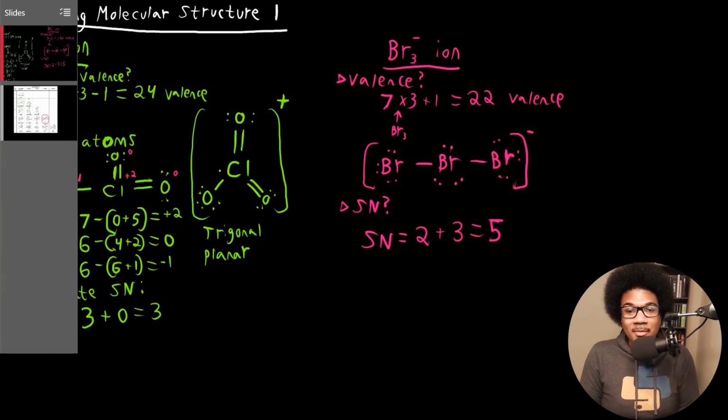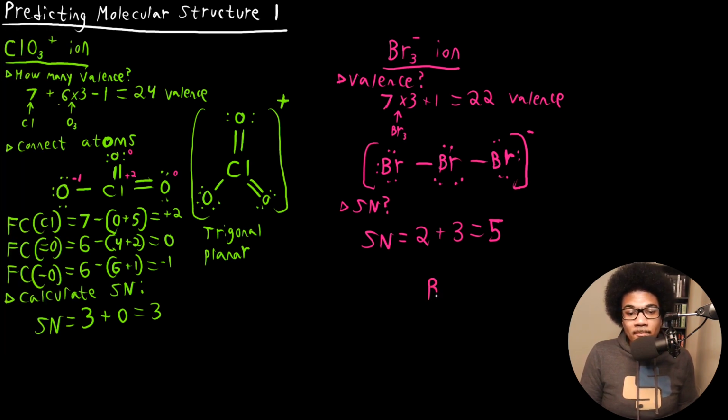So we do end up with a linear structure, but not for the reason of just having 2 attachments, right? These lone pairs are actually going to form kind of a trigonal planar base. So let's show what that looks like. So we're going to have 1 lone pair here, and then we'll have one here, one going into and out of the board. So those kind of form like a trigonal planar base, right?